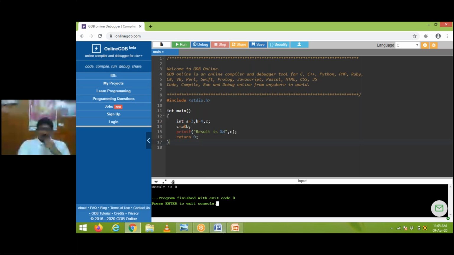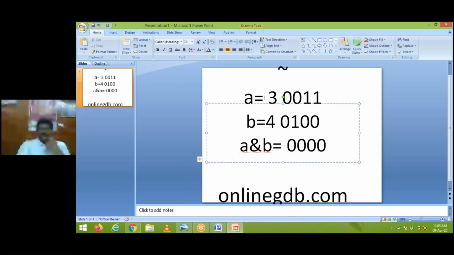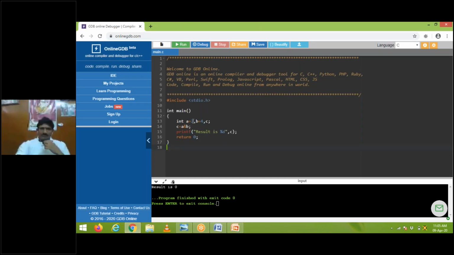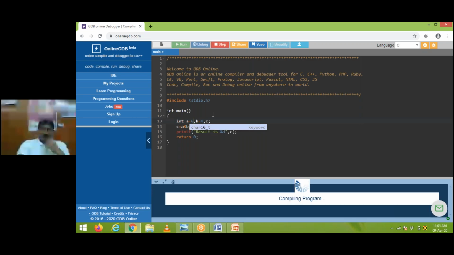If I am declaring a value 2, in that case also it will not work. I'm giving a value 6, which is 0 1 1 0. I'm running the program again.